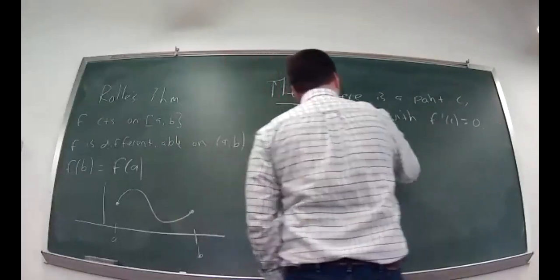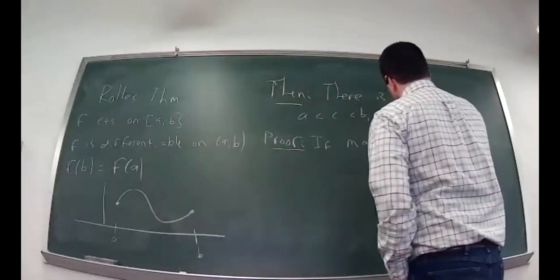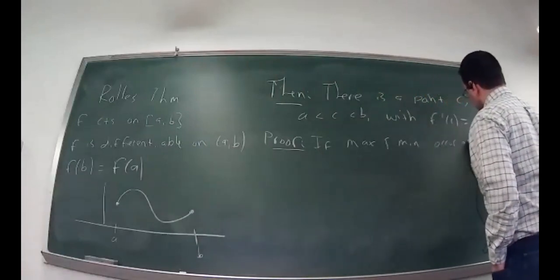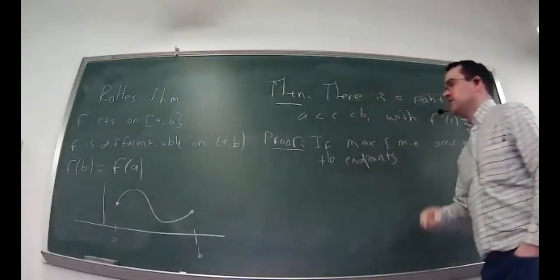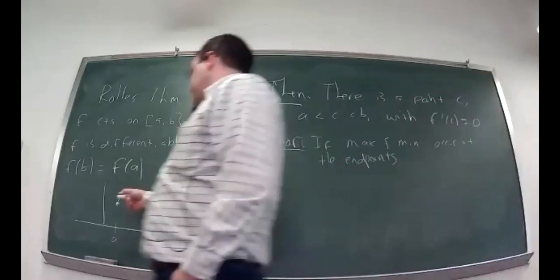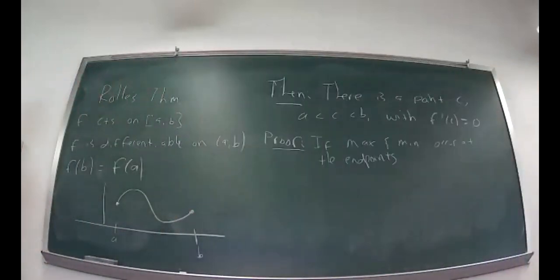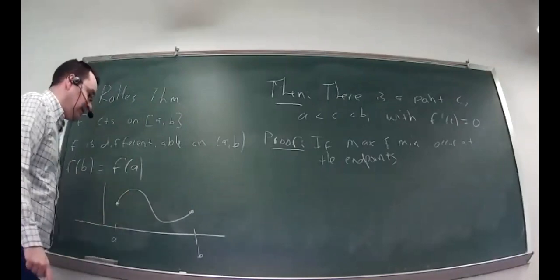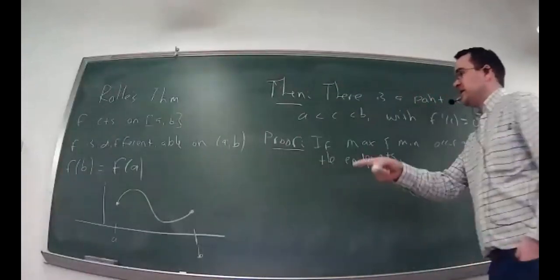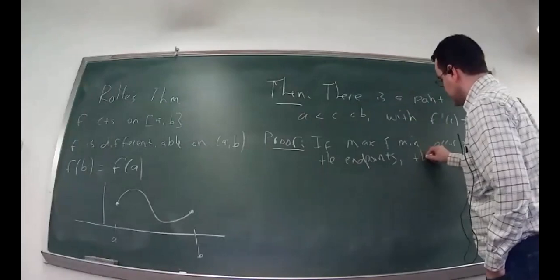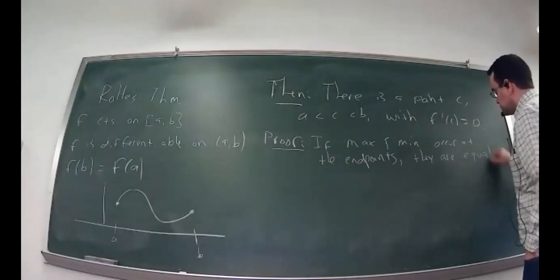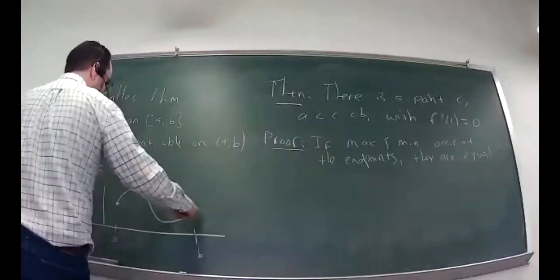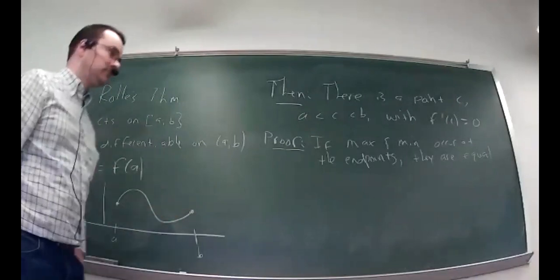If the max and minimum occur at the endpoints, so if the maximum is f of A and the minimum is f of B, or vice versa, the minimum is f of A and the maximum is f of B, then because f of A and f of B are equal, the max and min must be equal. And the only option, if the maximum and the minimum are equal, is that the function is constant.